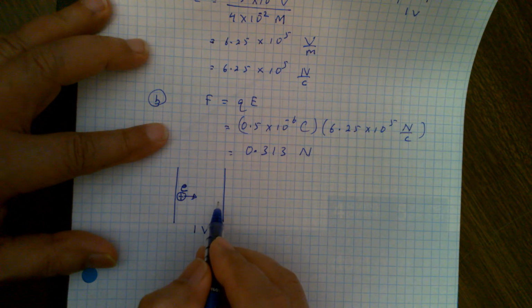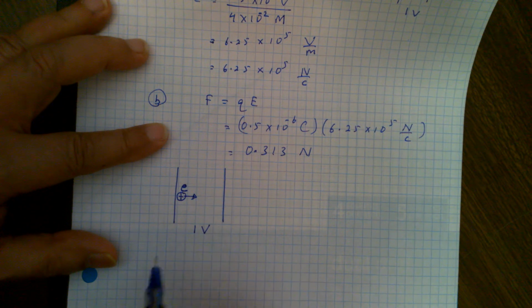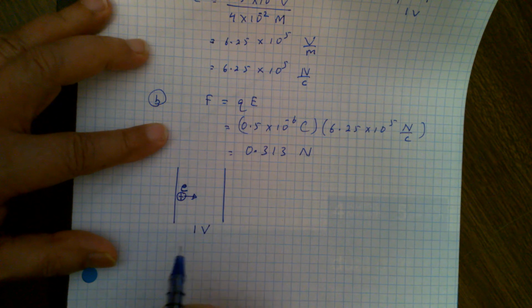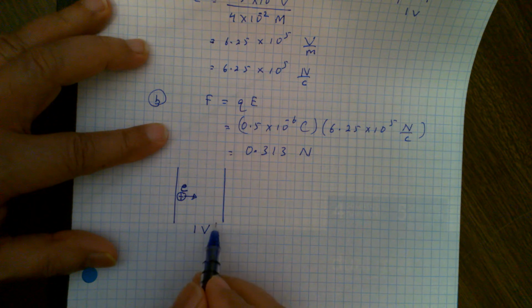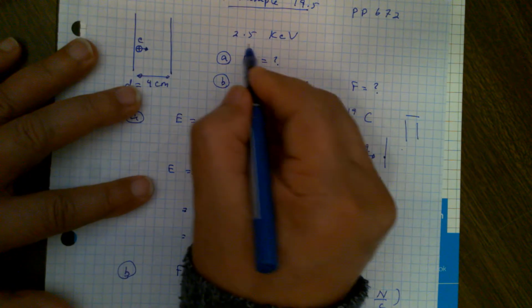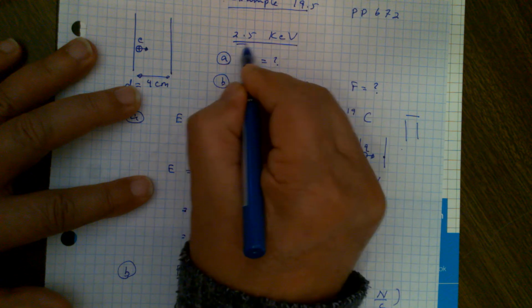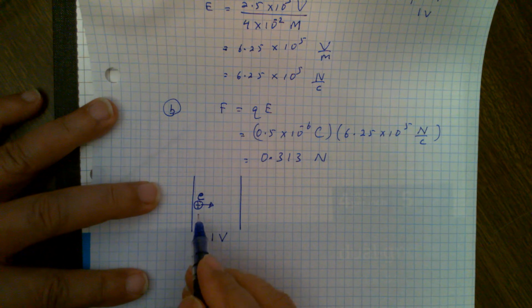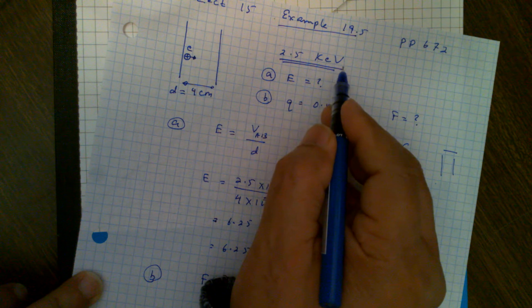The energy it gets at this point is 1 electron volt, because this is one electronic charge object moved from here to here, and the voltage difference is 1 volt, and we call that energy 1 electron volt. Now in our case, the energy it gets is 2.5 kilo electron volt, but the charge is still the same, E, electronic charge, so that means the voltage must be 2.5 kilovolt. All right.